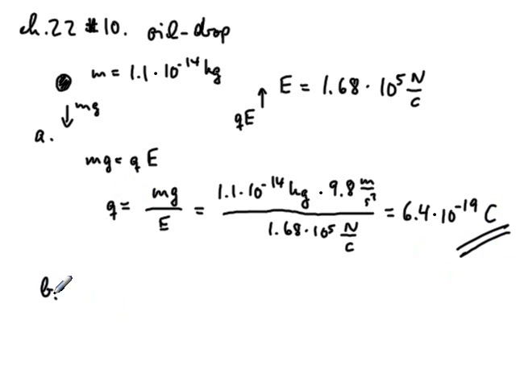Then there is part B that says, how many extra electrons are on this particular oil drop, given the presently known charge of the electron? Well, I look up the charge of the electron, and it says 1.6 times 10 to the negative 19, and that kind of looks similar.